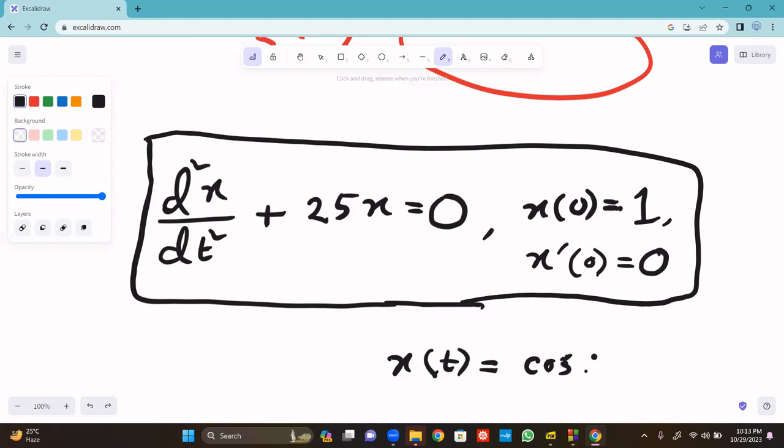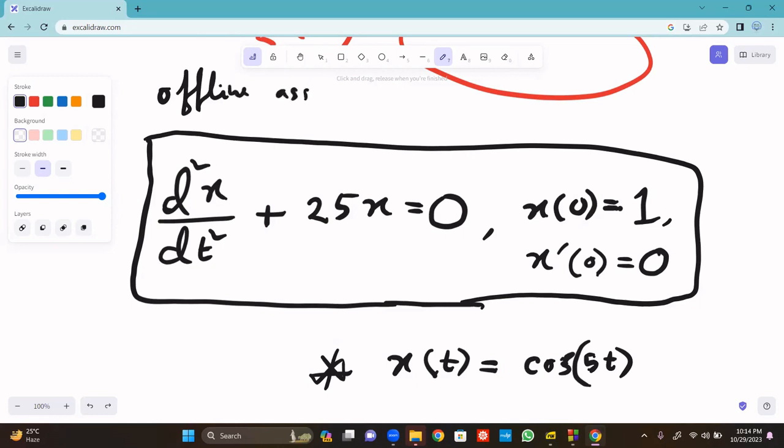So cos 5t should be the expression, if I am not mistaken. So you can use this actual solution to compare your result with the actual values, and in fact also create an error column. So this is your offline assignment 2.